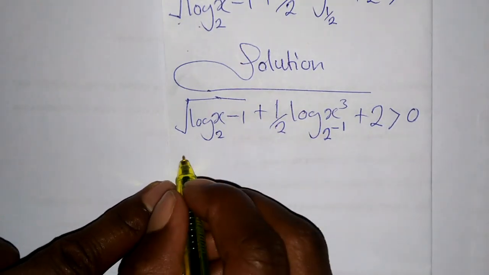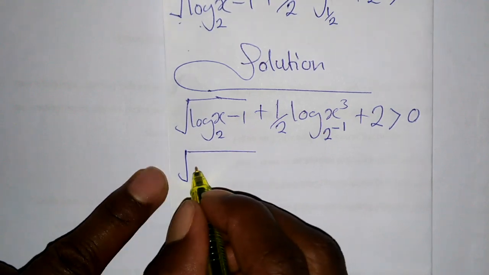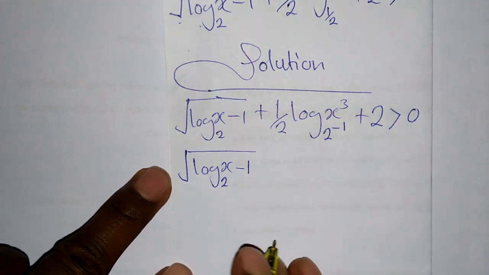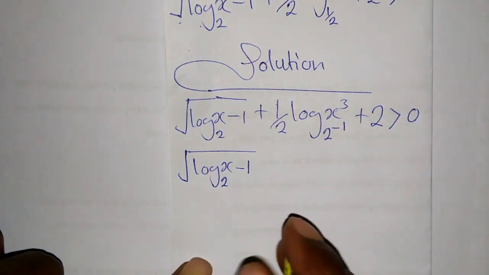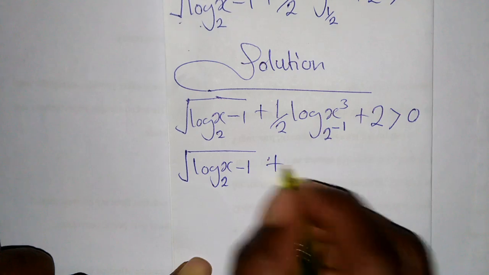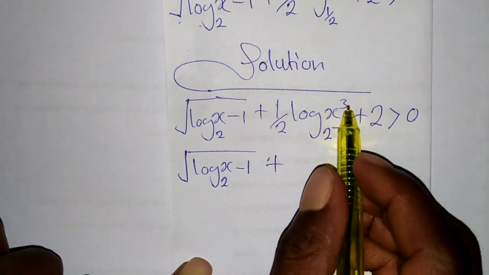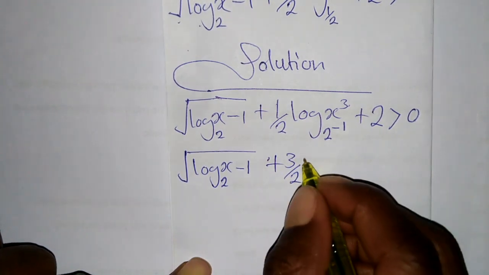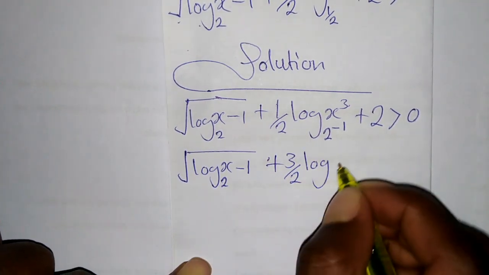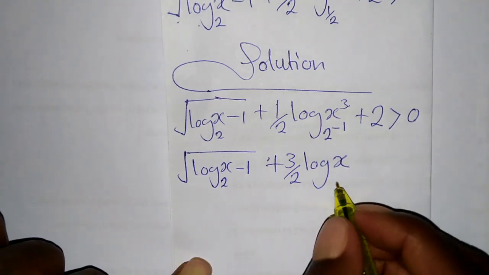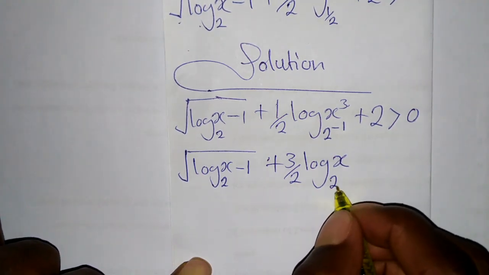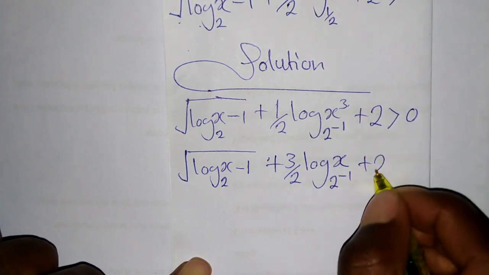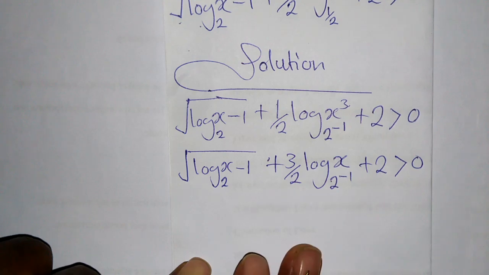This is the same thing as square root of log x base 2 minus 1 plus, this power of 3 can come back here. We have 3 divided by 2 log x base 2 to the power minus 1 plus 2 greater than 0.